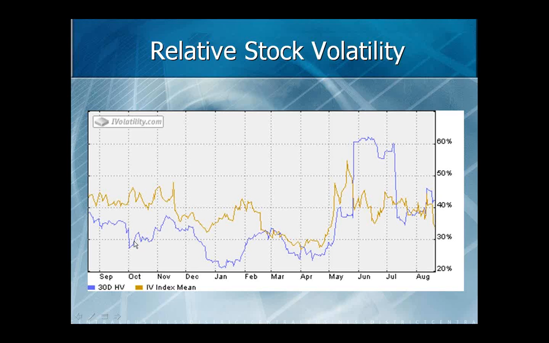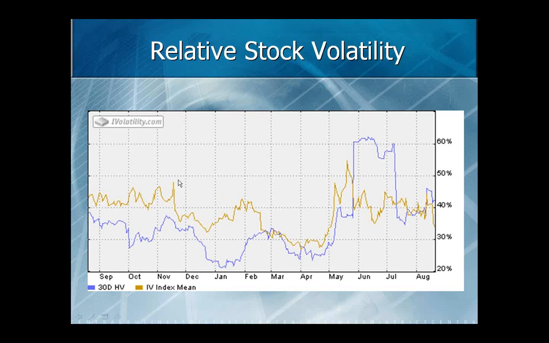When we overlay the historical with the implied, we can start to see a relationship here. Typically, the implied volatility will move before the historical, obviously, because the implied volatility is anticipating the future, and the historical is showing the past.